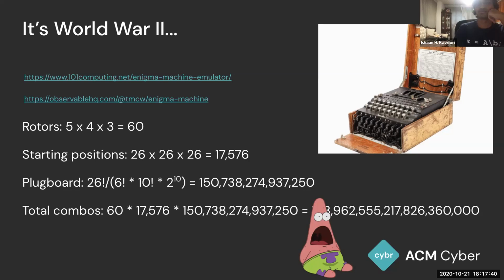There's no possible way they could figure this out, because each day they would have a new combination for their Enigma machine. The officers of the German army kept this piece of paper that would tell them what combination to set their Enigma machines to at the start of each day, and it would change every day.